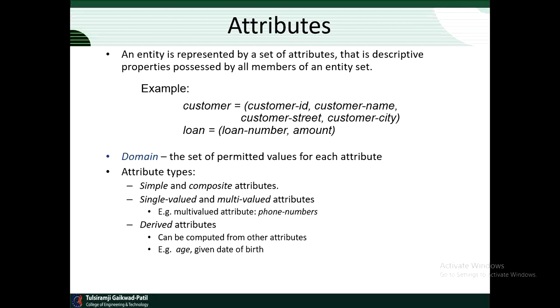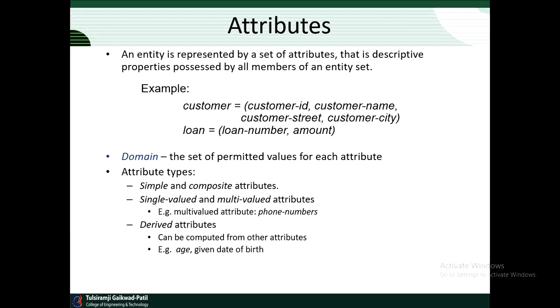So here an example is given. Customer is an entity having the attributes customer ID, customer name, customer street, customer city. And the loan entity has loan number and amount as two attributes.